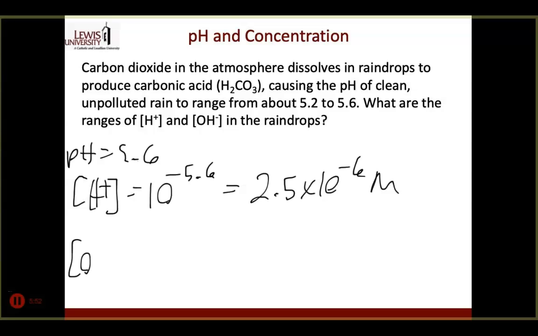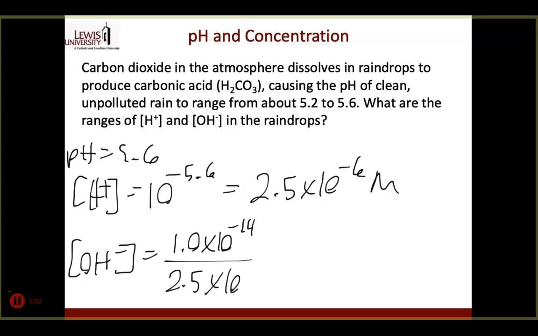The concentration of hydroxide is then equal to the Kw value, 1.0 times 10 to the minus 14th, divided by the concentration of H+, 2.5 times 10 to the minus 6th, and this gives me 4.0 times 10 to the minus 9th.